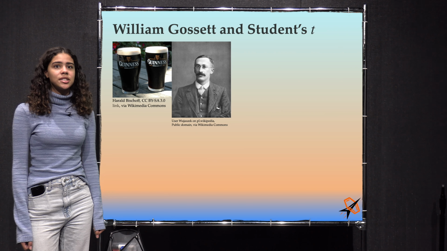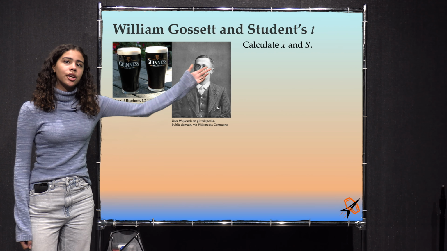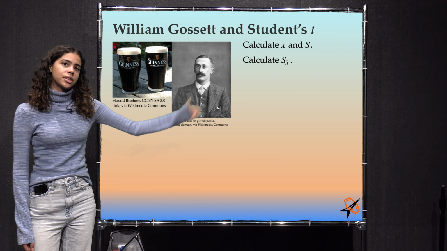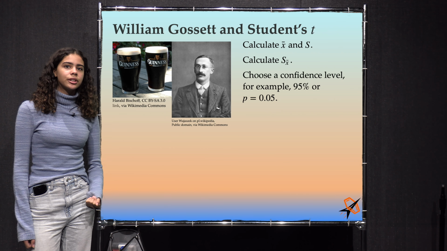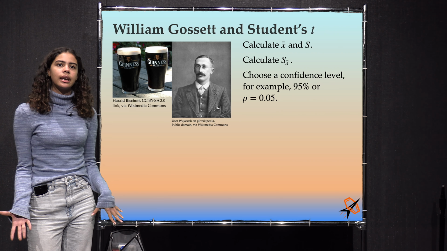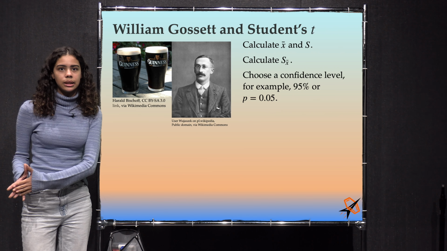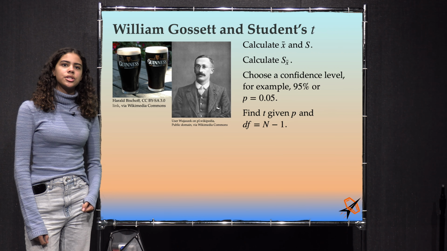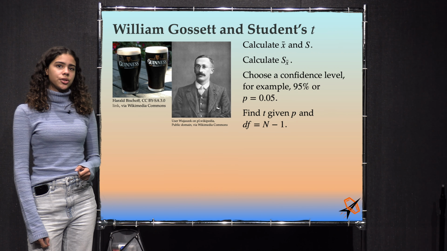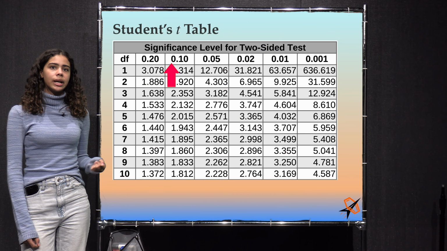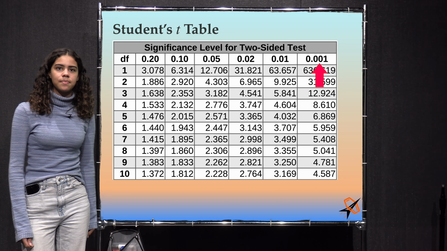In practice, it's used as follows. We calculate our mean and standard deviation, and then our standard error from the standard deviation. We calculate on a confidence level like 80% or 95%, and whether the true mean could be on either side or only on one side of our calculated mean. We then go to the Student's t-test table and use our degrees of freedom, n-1, as the row index, and 1 minus our confidence level as our column index.